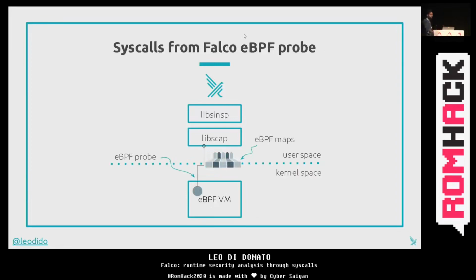Then companies that want to use Falco write to you, saying, hey, Falco seems very cool, but we cannot allow inserting a kernel module because blah, blah, blah. I mean, they have reasons to disallow the insertion of a kernel module. And after a bit of time, we tell them, well, we got you, no worries. You can have exactly the same functionality using this new cool kid technology, BPF, since we built a BPF probe too.